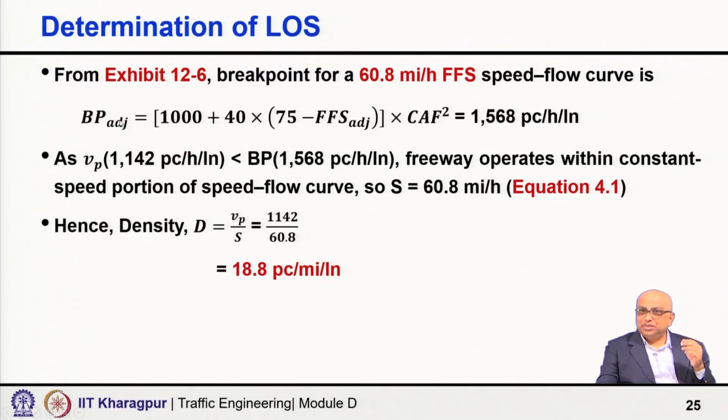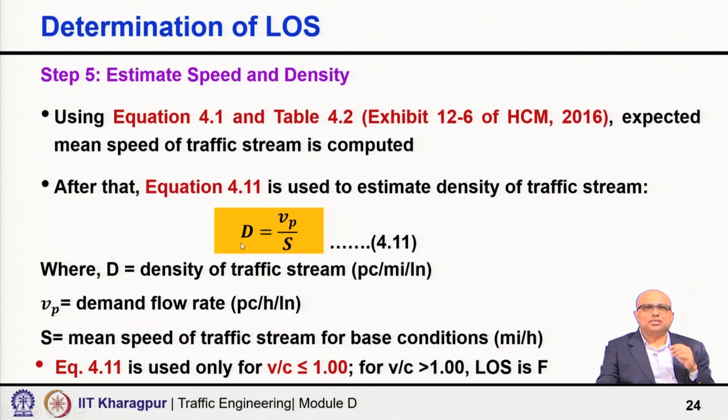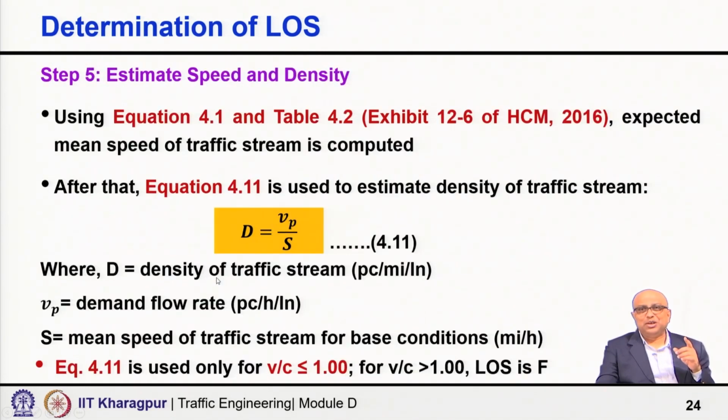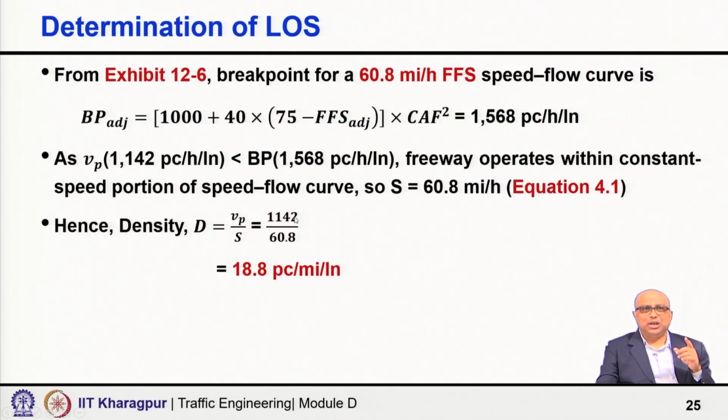First is the break point, that equation is used to calculate the break point value, because up to break point the speed is free flow speed. So, break point flow level is 1568 and what was our flow rate? 1142.